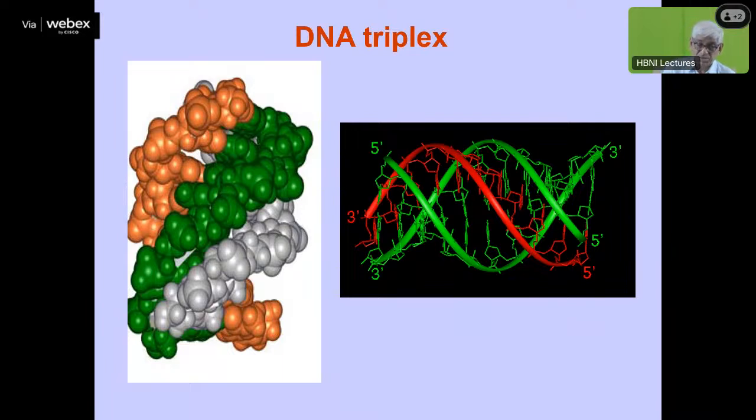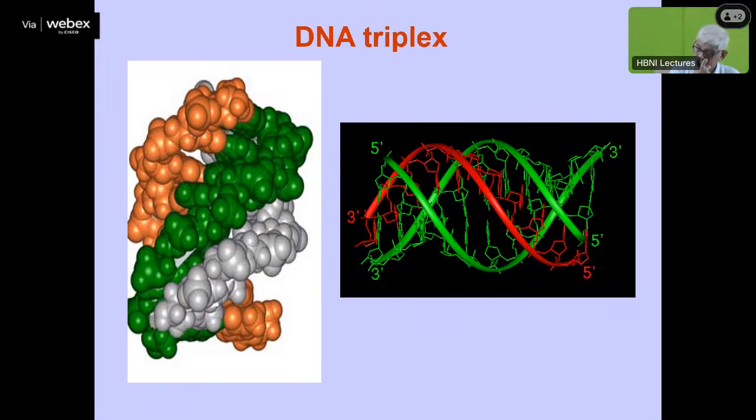And how does it come? See, the duplex goes 5 prime to 3 prime here, and 5 prime to 3 prime here. And the third strand obviously has to be parallel to one of those. When it goes in the major groove, it is parallel to this 5 prime to 3 prime strand. So this also goes 5 prime to 3 prime, and it pairs with the base pairs which are already there.